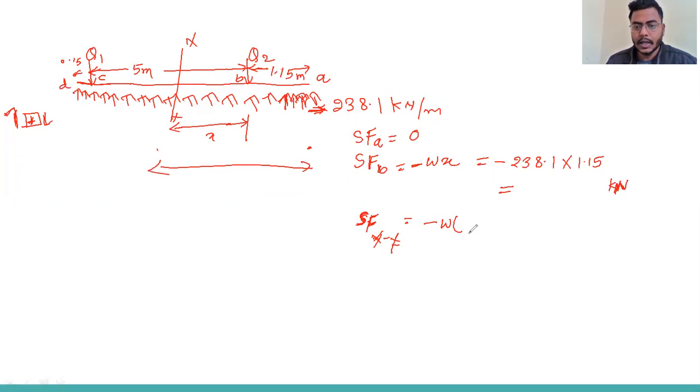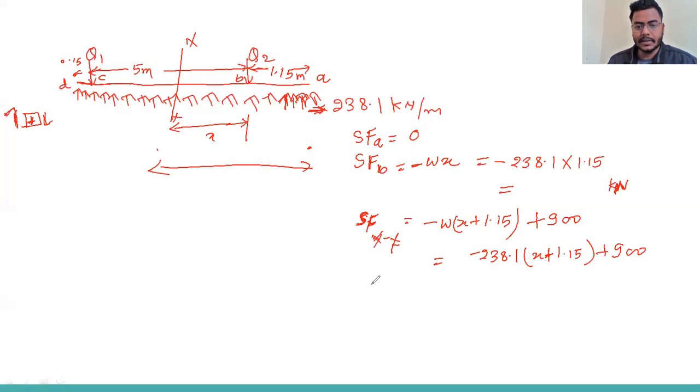It is acting on this length, so that will come X plus 1.15. Now you can see that load Q2 is coming downward, so that will be positive, and the value of Q2 is 900, right? So this is the general expression we get: W, that is minus 238.1 into X plus 1.15, plus 900.